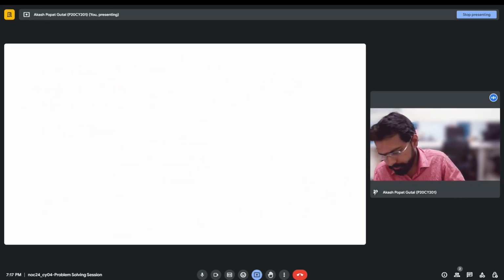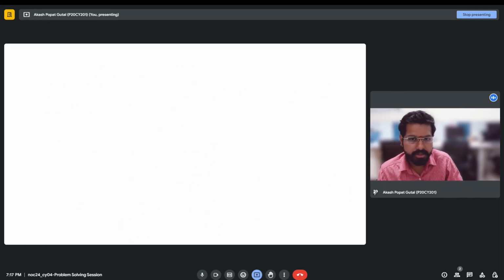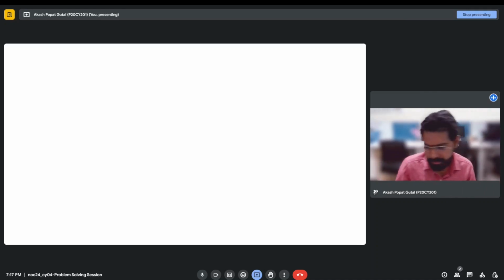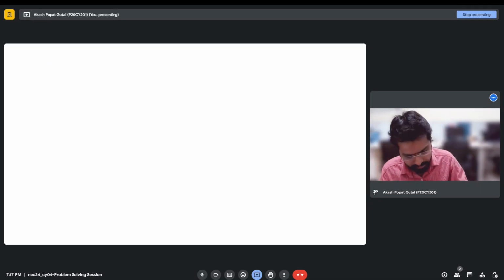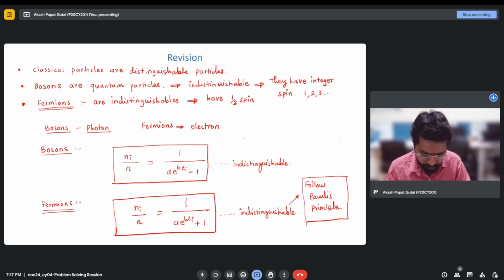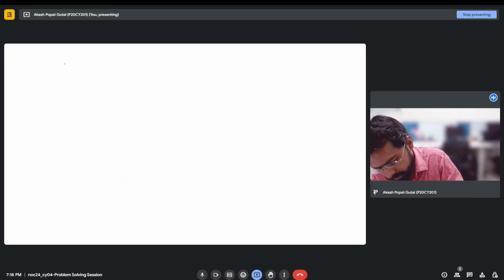And the third one, for classical particles, the Maxwell-Boltzmann distribution is valid. So we'll write in summary, we got three distributions. For each distribution, for bosons and fermions, different scientists' names are given. First one is the Maxwell-Boltzmann distribution.